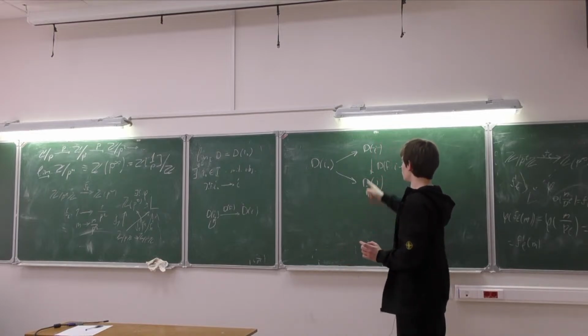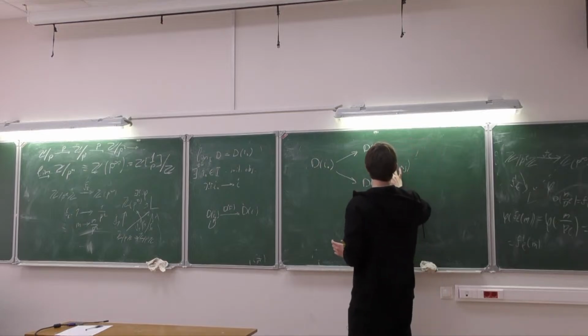We need to show that the triangle is commutative.